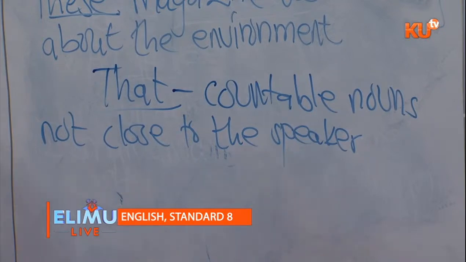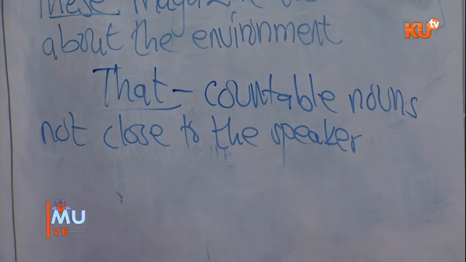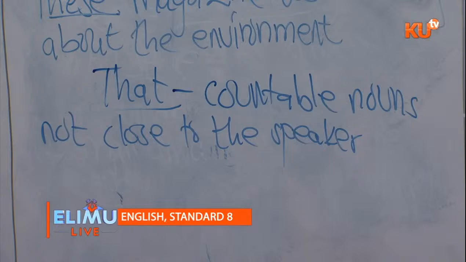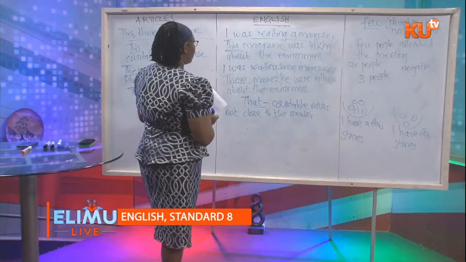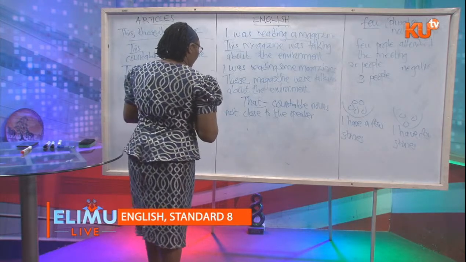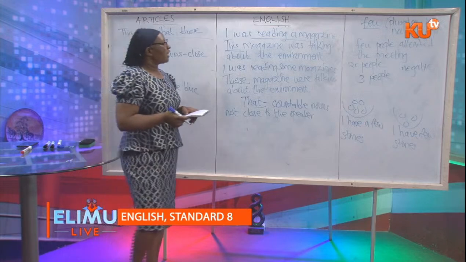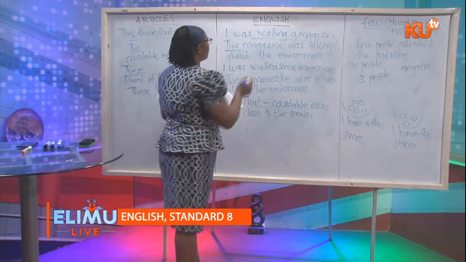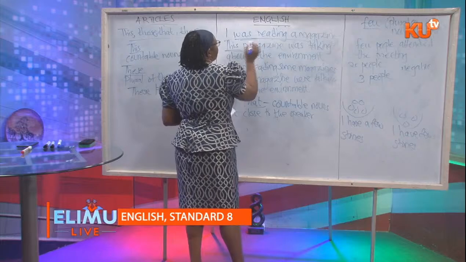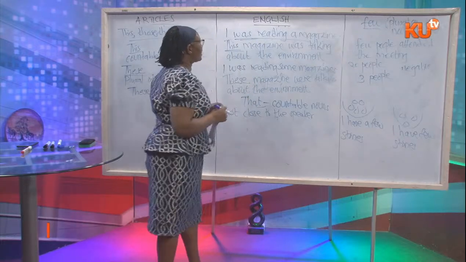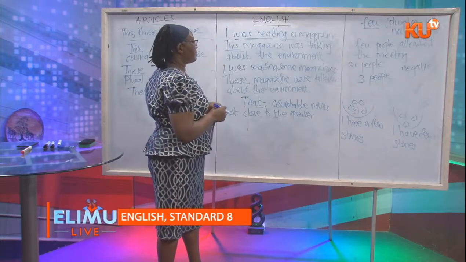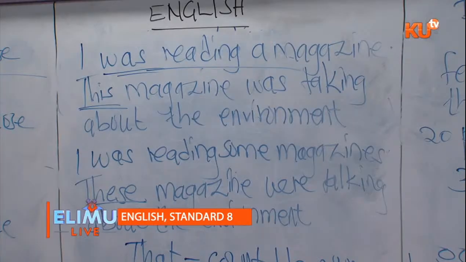So if I may take an example of the first sentence that we have here, I was reading a magazine. This magazine was talking about the environment. We can also say, that magazine is not with me now because I've said I was reading a magazine. The word was shows that you read in the past. It can be a few minutes ago, but the fact remains you're not reading it at this particular time.